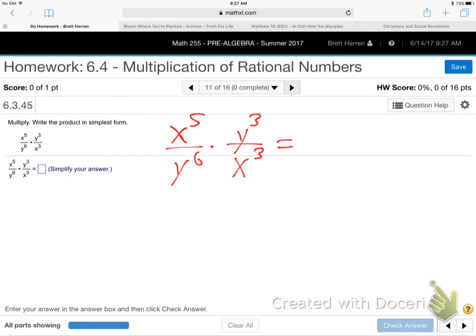Subtract powers. 5 minus 3, x squared on the top, because the bigger x power was on the top. Where's the bigger y power? On the bottom, so the leftover y's will be on the bottom. 6 minus 3, y to the 3rd on the bottom. We're done there. You're just cross reducing. Good on that. Keep moving. It's number 11.